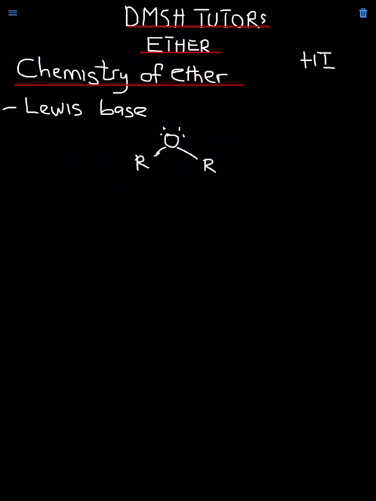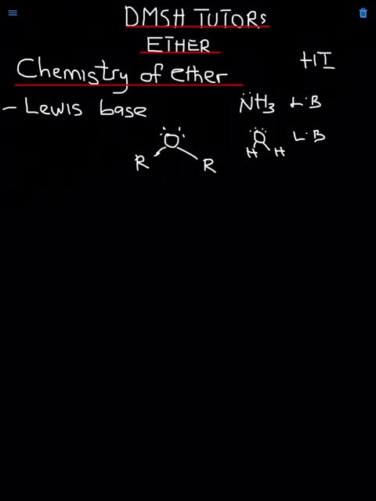So what do I mean? Let's check this guy, ammonia. Ammonia has a lone pair, that's why ammonia is a Lewis base. Let's check water as well. Water has 2 lone pairs. Am I right? This is water. Water is also a Lewis base. So compounds with lone pairs are Lewis bases.